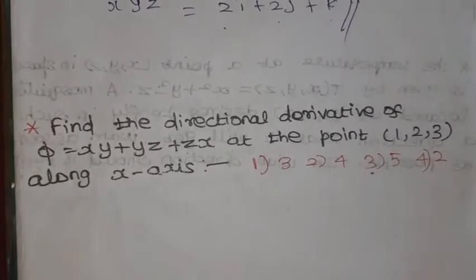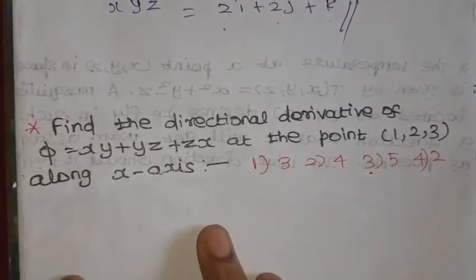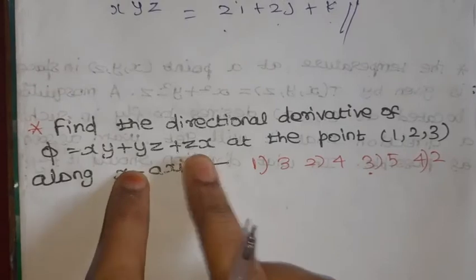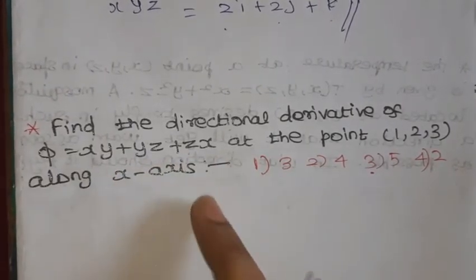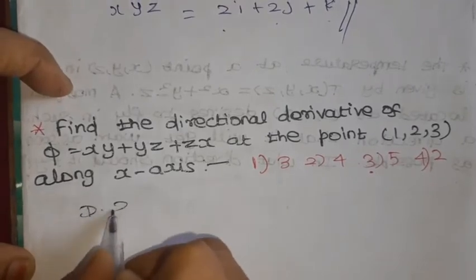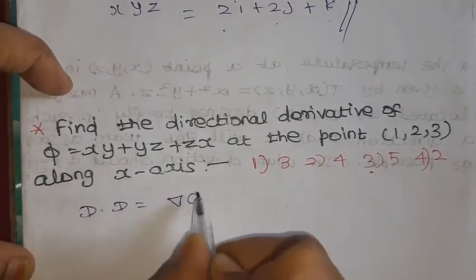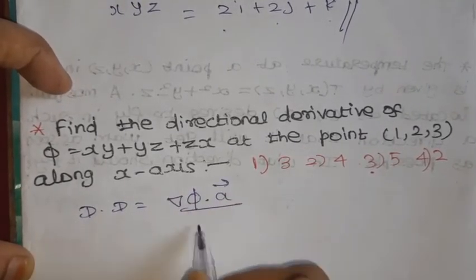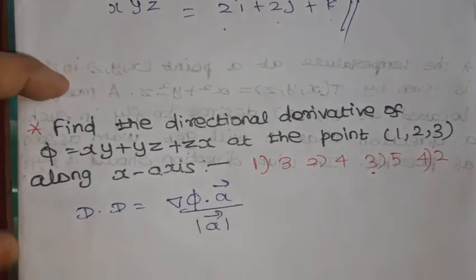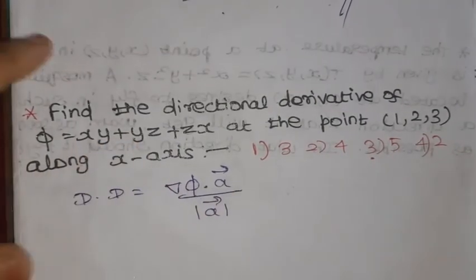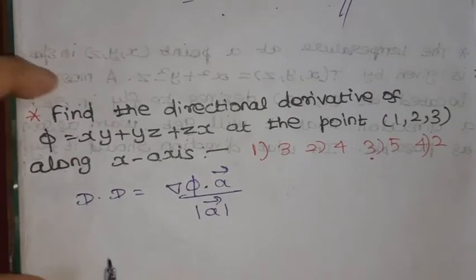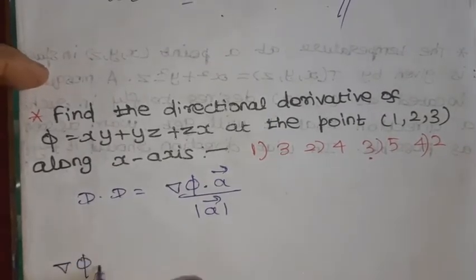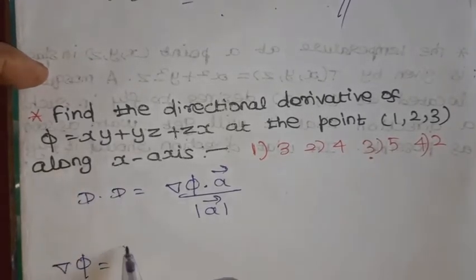Then find the directional derivative of phi, the value is given and the point is also given, along the x-axis. Directional derivative is del phi dot a vector divided by modulus a vector. First we'll find del phi, then we'll find the a vector. Del phi is i into dou by dou x plus j into dou by dou y plus k into dou by dou z of phi, which is equal to xy plus yz plus zx.